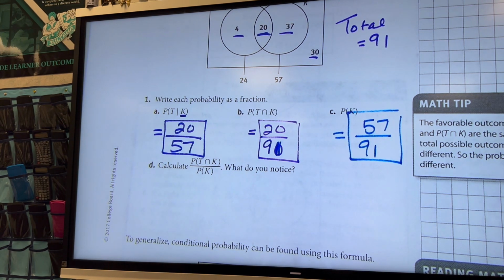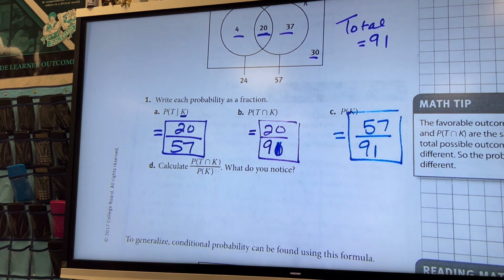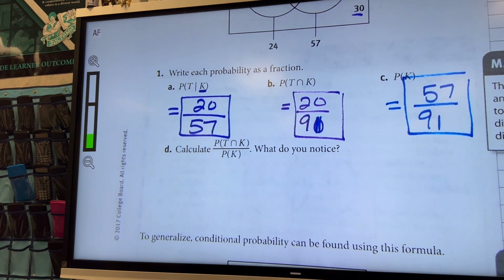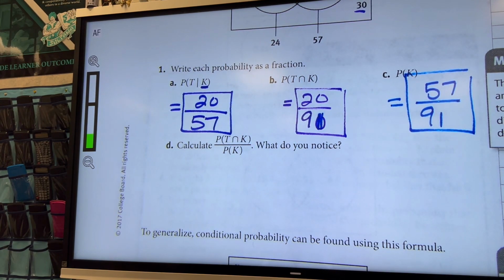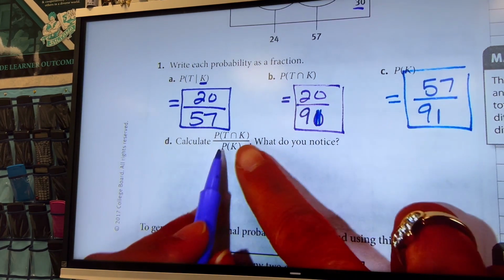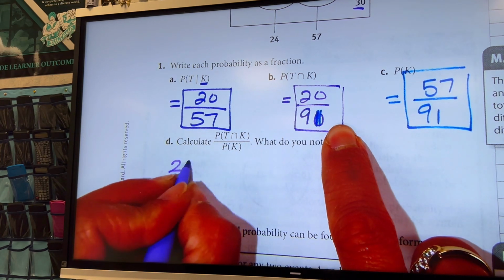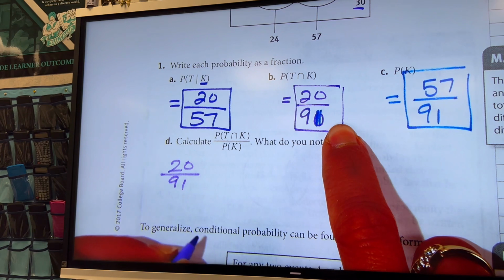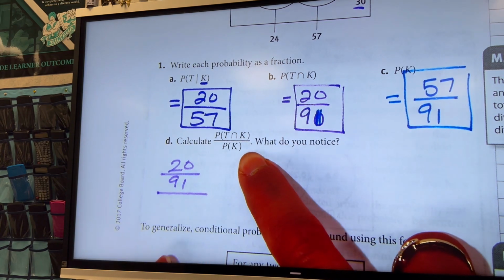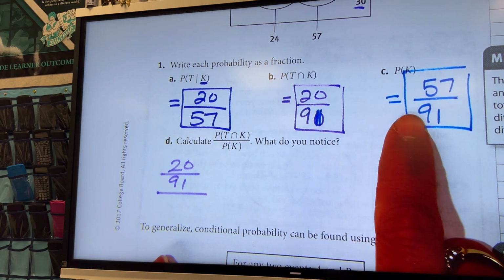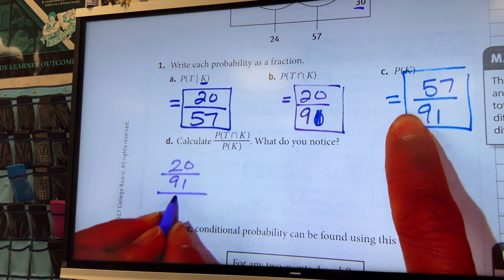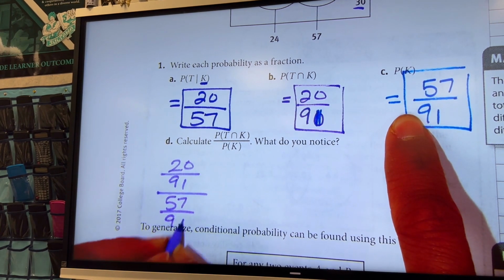In letter D, we calculate the probability of T and K over the probability of K. And what do we notice? The probability of T and K, found in part B, is 20 over 91. Over the probability of just K, found in part C, is 57 over 91.